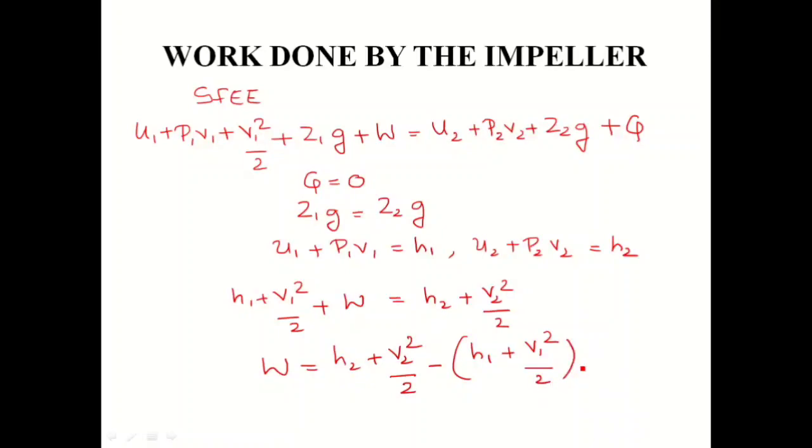In the last class we had discussed the stagnation enthalpy. Stagnation enthalpy at inlet is H01 equal to H1 plus V1 square by 2, and H02 equals H2 plus V2 square by 2.